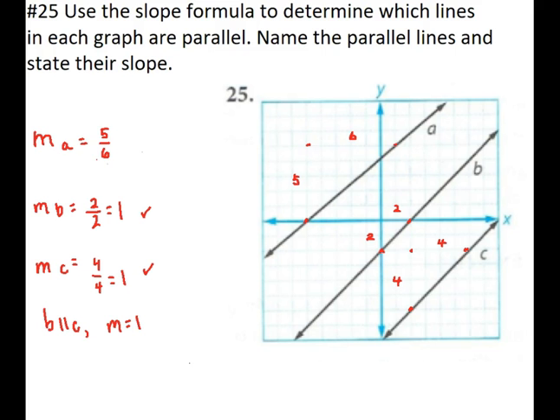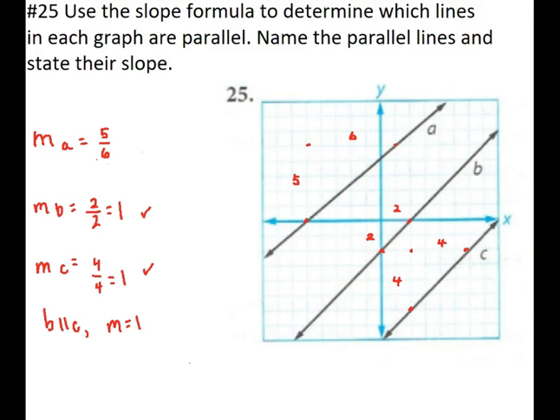So use the slope formula to determine which lines in each graph are parallel. Name the parallel lines and state their slope. So these 3 lines may look parallel, but we don't know that they are until we solve their slopes.